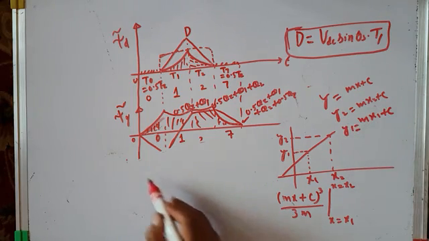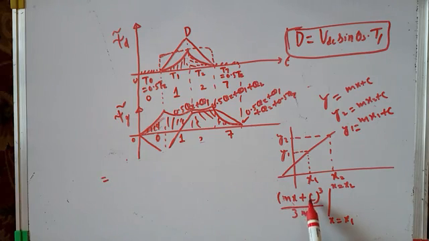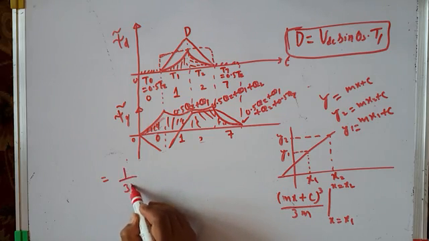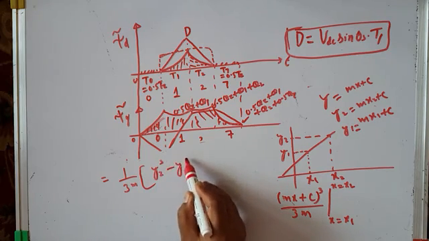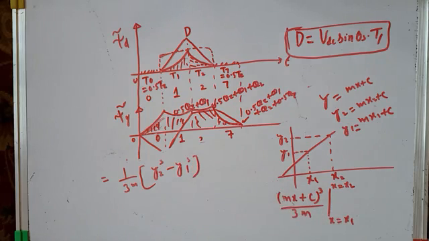So therefore this will be equal to 1 by 3m into y2 cube minus y1 cube. First I am putting x equal to x2, that gives me y2, so it is y2 cube, minus then x equal to x1, that gives me y1 cube.